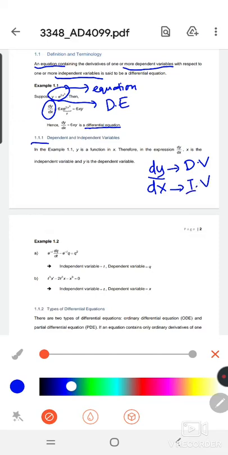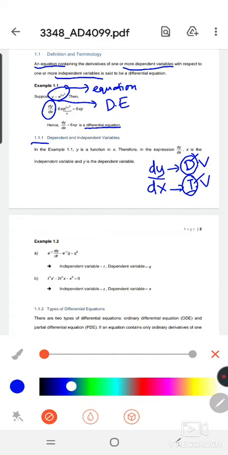An easy way to remember which is dependent and which is independent, because sometimes in exams we mix them up: remember D on top, I at the bottom, because it must be D first then I, like the alphabet A, B, C, D, E, F, G, H, I. So the one on top is the dependent variable and x is the independent variable.